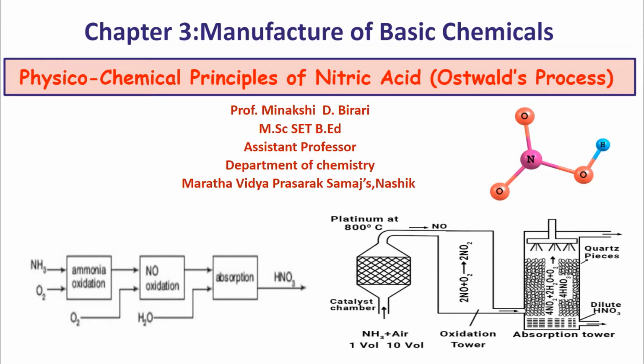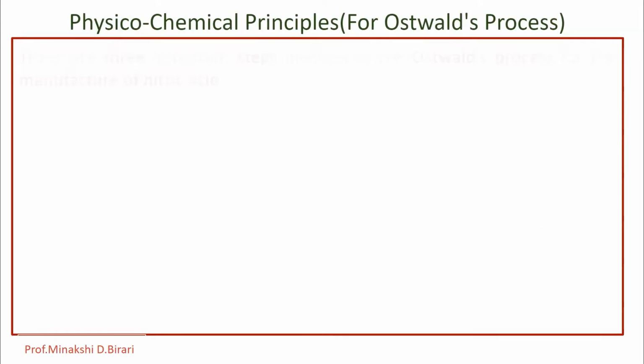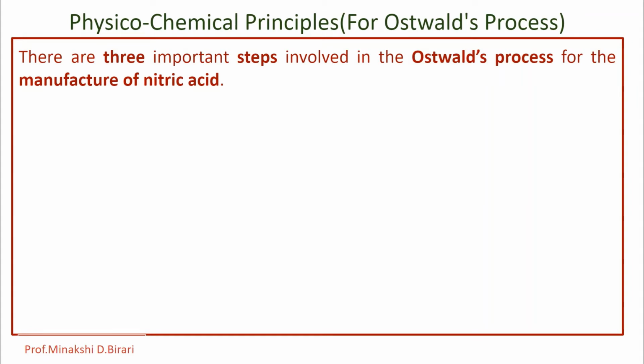Now, in today's lecture, we are going to discuss the physico-chemical principles involved in the manufacture of nitric acid by Ostwald's process. We know that there are three important steps involved in the Ostwald's process for the manufacture of nitric acid.